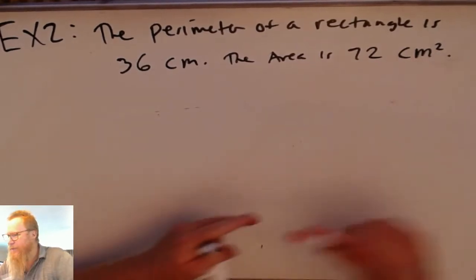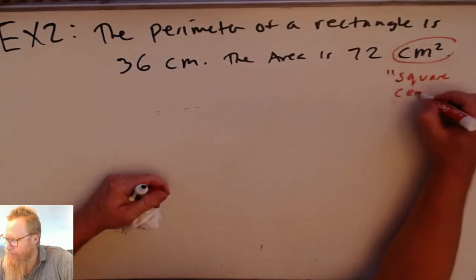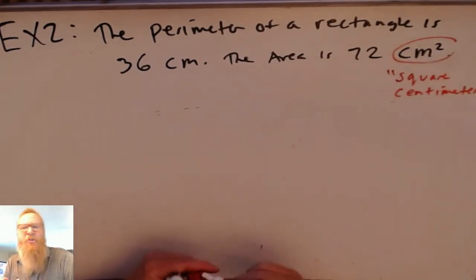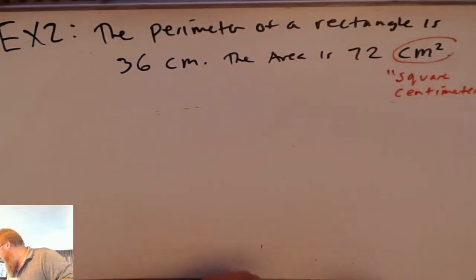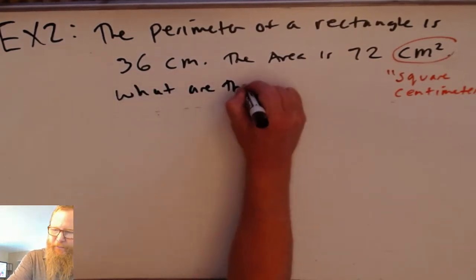Centimeters squared is the same as square centimeters. We usually read it backwards, square centimeters. What are the dimensions?